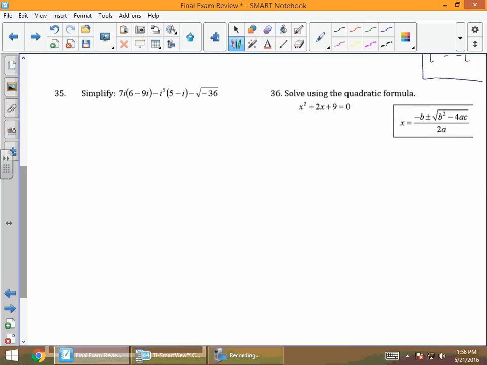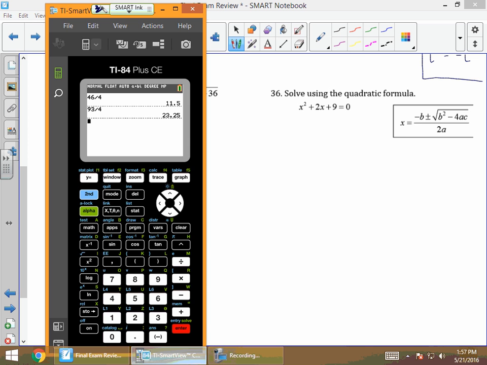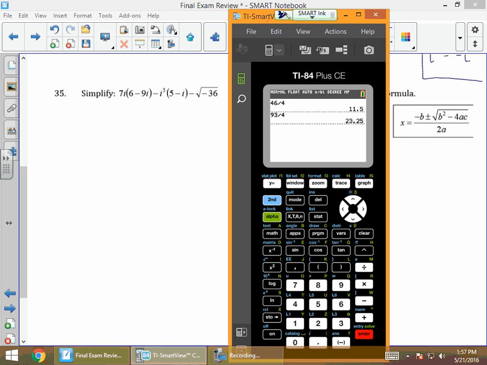Number 35, some simplification here. So let's go ahead and multiply some stuff together. Actually, you know what? I think I can do this one right in the calculator. We have it set up in the right mode.